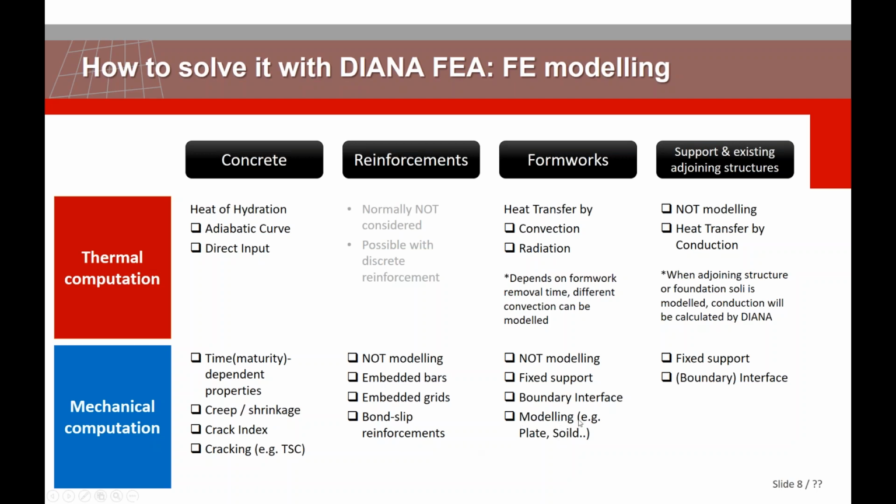And you can actually model your formwork using plate or solid elements, and you can assign heat conductivity and capacity to this plate and solid. This is some benchmark test, or if it's very complicated in terms of geometry, you can try to do this.